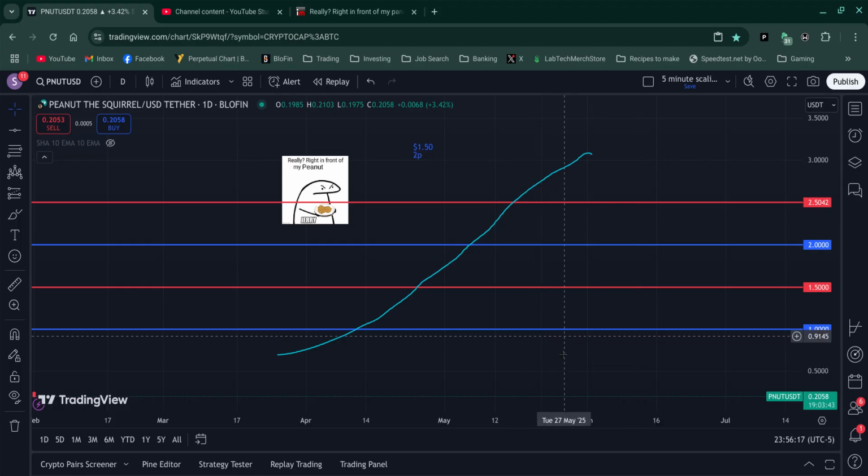Well, if Jerry bought 1 peanut at $1 and 1 peanut at $2, then you would need to add these two together and average this in order to find out the average price that he paid for each peanut. This is a process that in trading, in investing, we call dollar cost averaging.